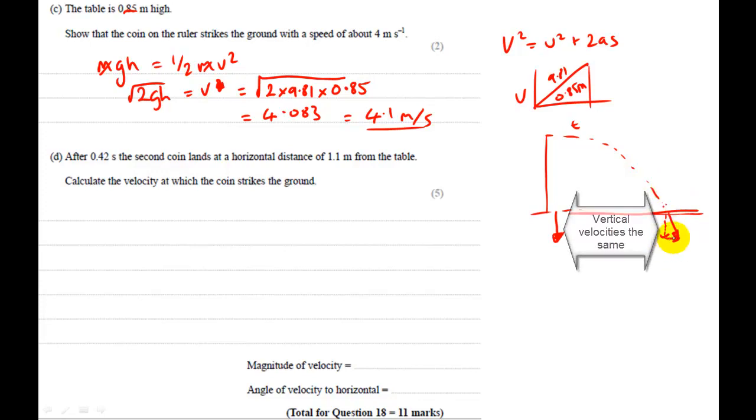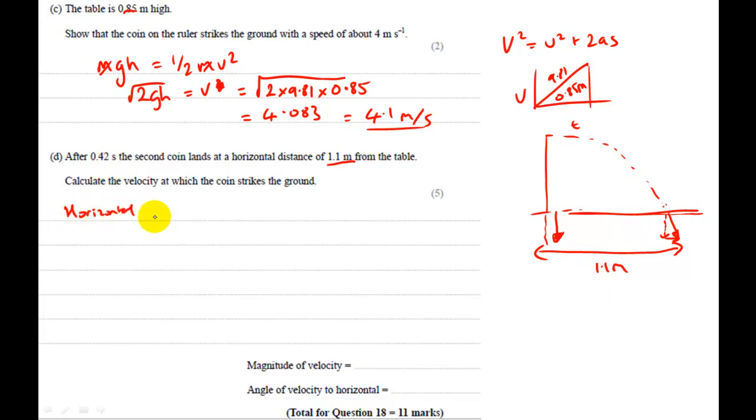So let's work out firstly what the horizontal component of the velocity was. We've been told that the coin went 1.1 meters from the table, and it took 0.42 seconds. So I can find the velocity by doing v is equal to displacement divided by time: 1.1 meters divided by 0.42 seconds.